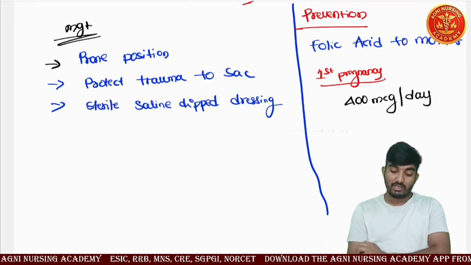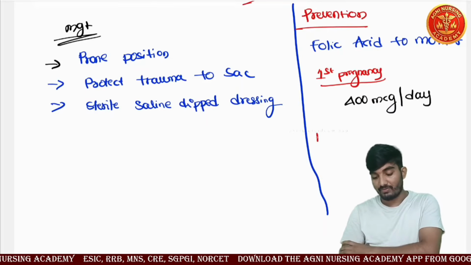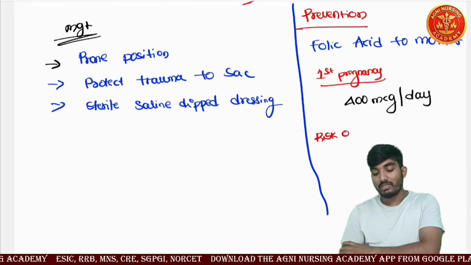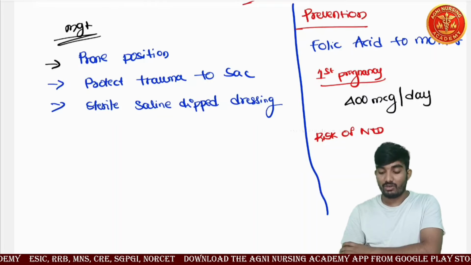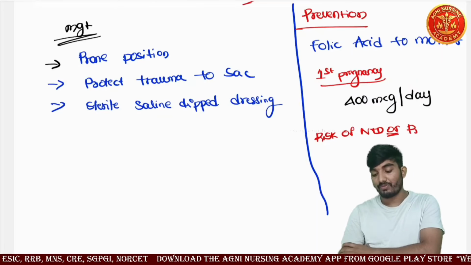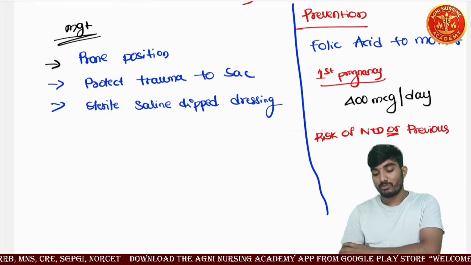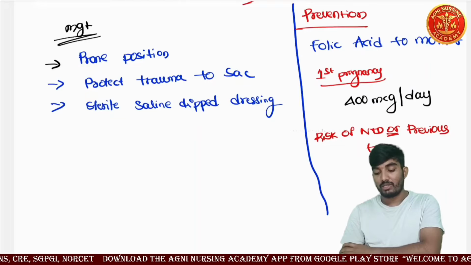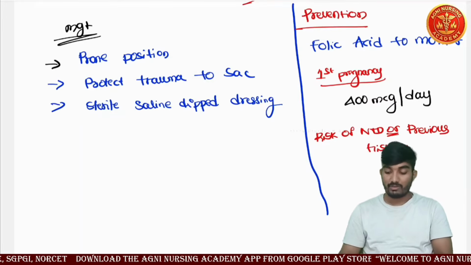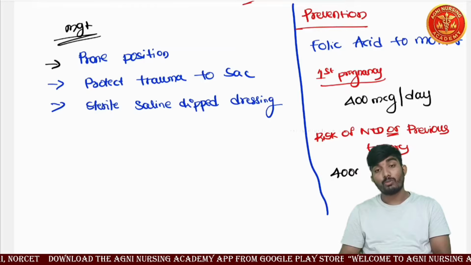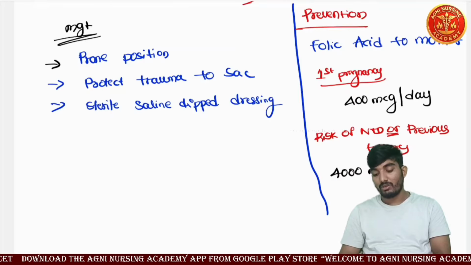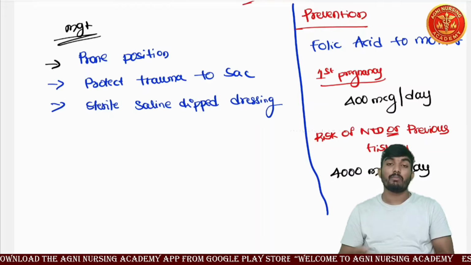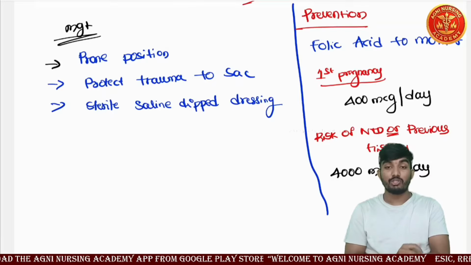If there is a risk or previous history of NTD, give 4000 micrograms per day to the mother to prevent neural tube defect.